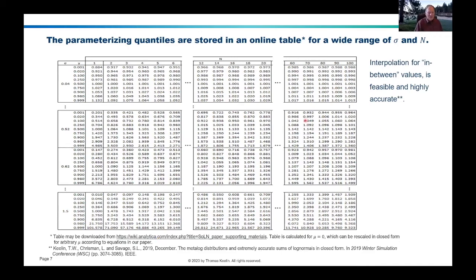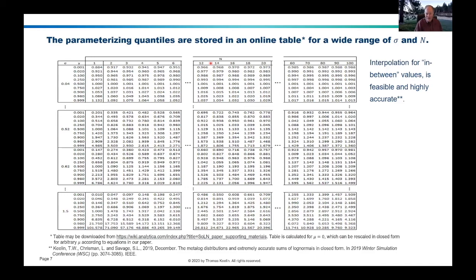But the next question you might very well have is, wait a minute, I might have to redo that table, because what if I wanted n equals 13? It isn't here. I've just got n equals 12 and n equals 14, right? What if I wanted it for n equals 13? I'd have to redo the simulation. And the answer is no, you don't have to redo the simulation, because you can interpolate for in-between values.